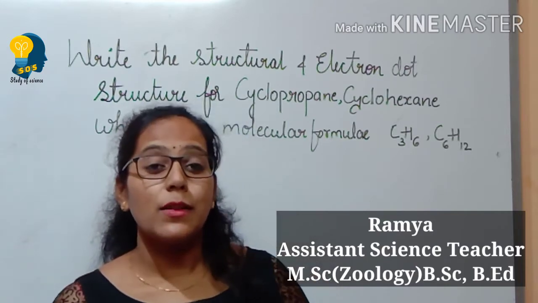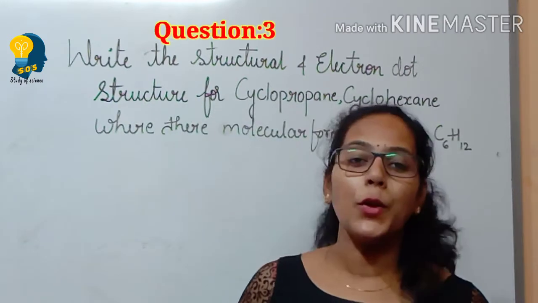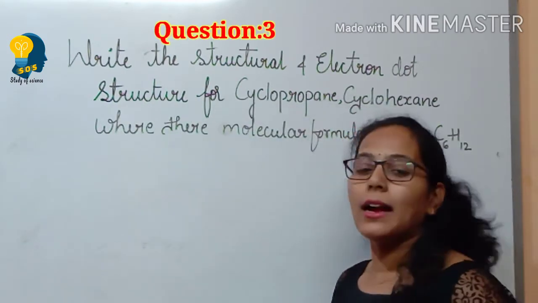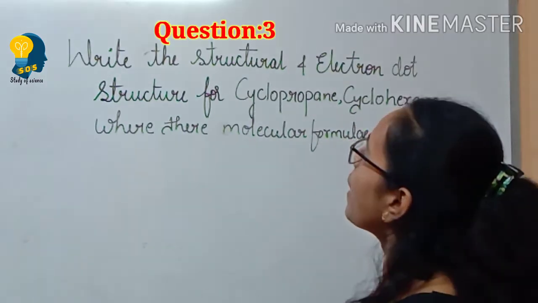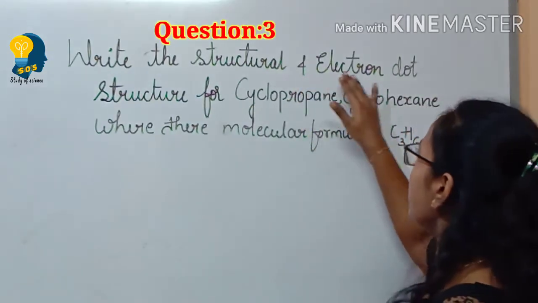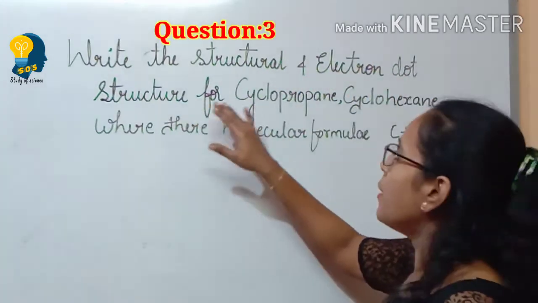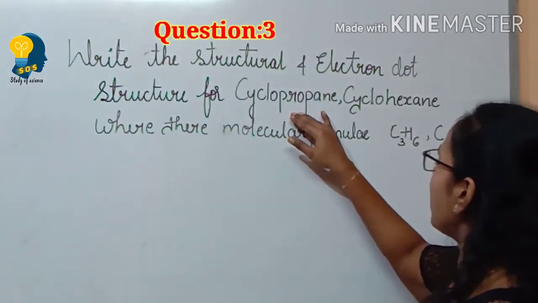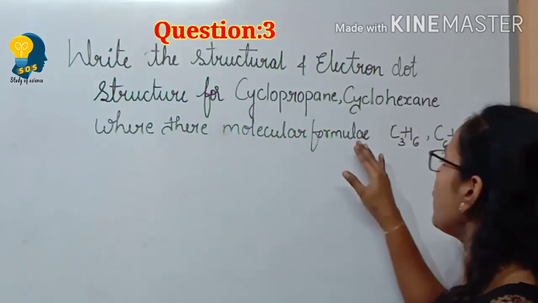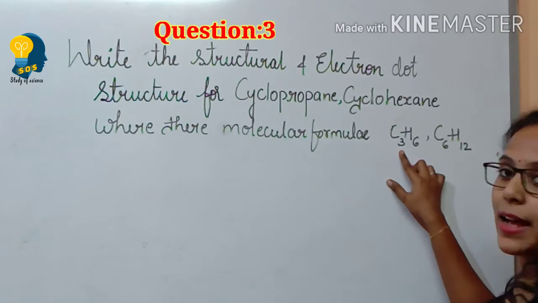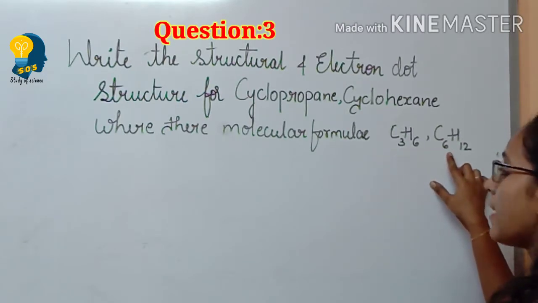Myself Ramya. So in this session, let us continue with a few more questions of the carbon and its compounds lesson. The next question is, write the structural and electron dot structure for cyclopropane and cyclohexane, where their molecular formulae are C3H6 and C6H12.